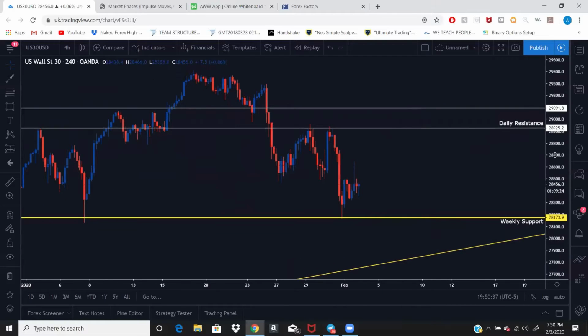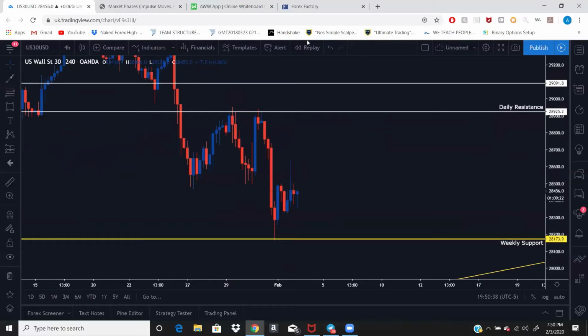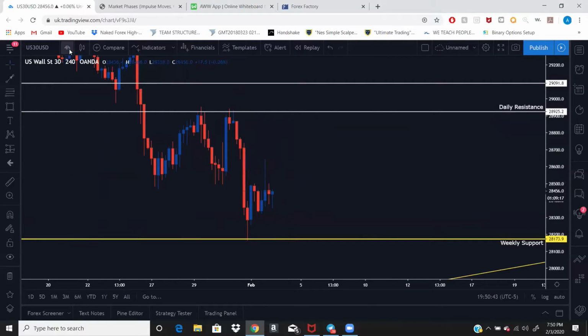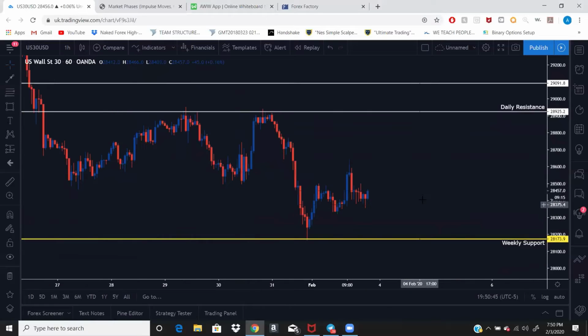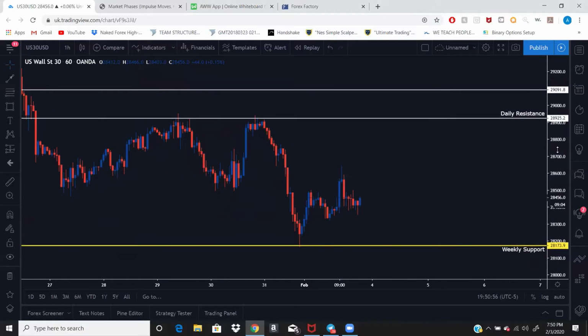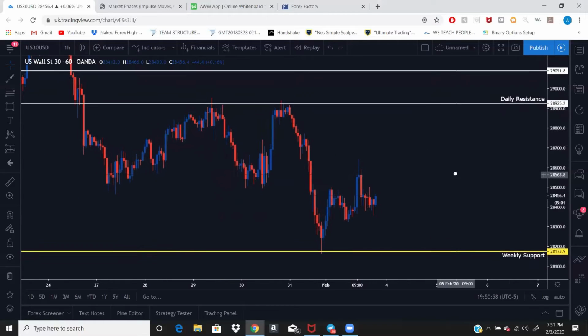I would just look for the buys on here. Maybe put the buy stop at 28,520 once the momentum kicks in tomorrow, if you want to catch that back to this resistance.